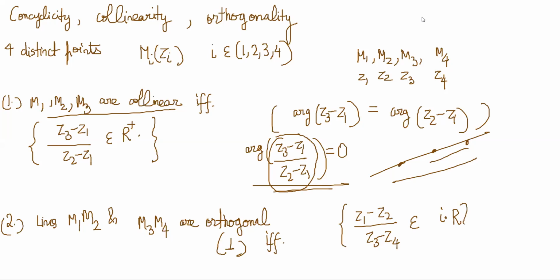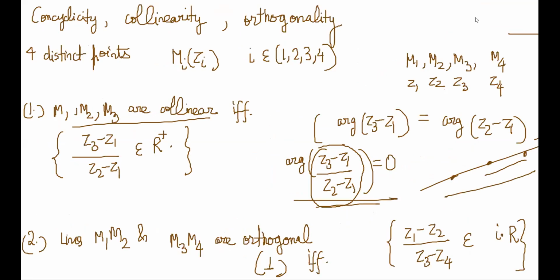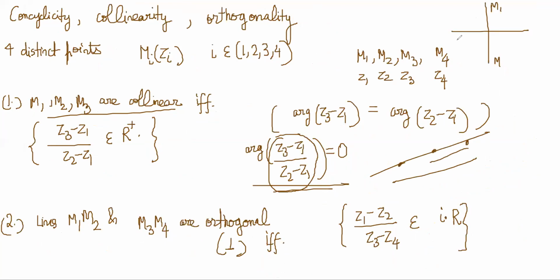(Z1 minus Z2) by (Z3 minus Z4). What is the meaning of this? So let's say M1, M2. M1 is here, M2 is here, M3 is here, M4 is here. So clearly this angle, if we are looking at, and this is perpendicular if the argument of (M1 minus M2) by (M3 minus M4), right? Or M4 minus M3, whatever, should be equal to 90 degrees, no?